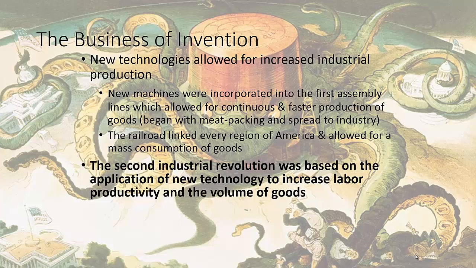These machines, steel machines, lubricated with oil and fueled by coal, are going to be incorporated into the first assembly lines long before Henry Ford was ever around. And you'll start to see continuous production, faster production of goods. It begins in the meatpacking industry, bringing in the cattle from the West, and others spreads to other industries.